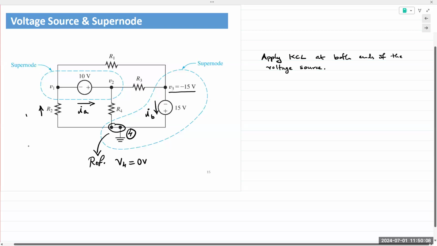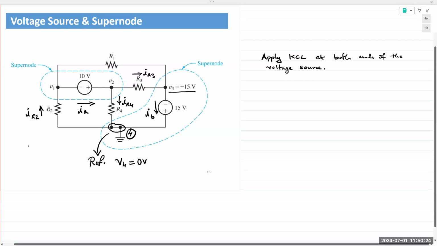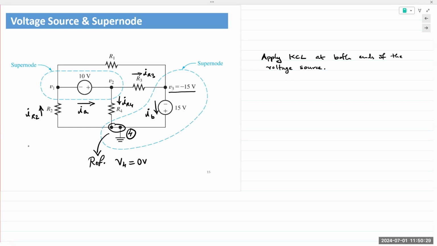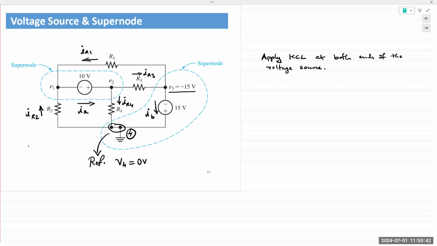Let's call this IR2, let's call this IR4, and this would be IR3, and let's use this direction, IR1. So you apply KCL at both ends of the voltage source. In this case, it's a 10-volt source because that's the one that is not connected to the reference node.